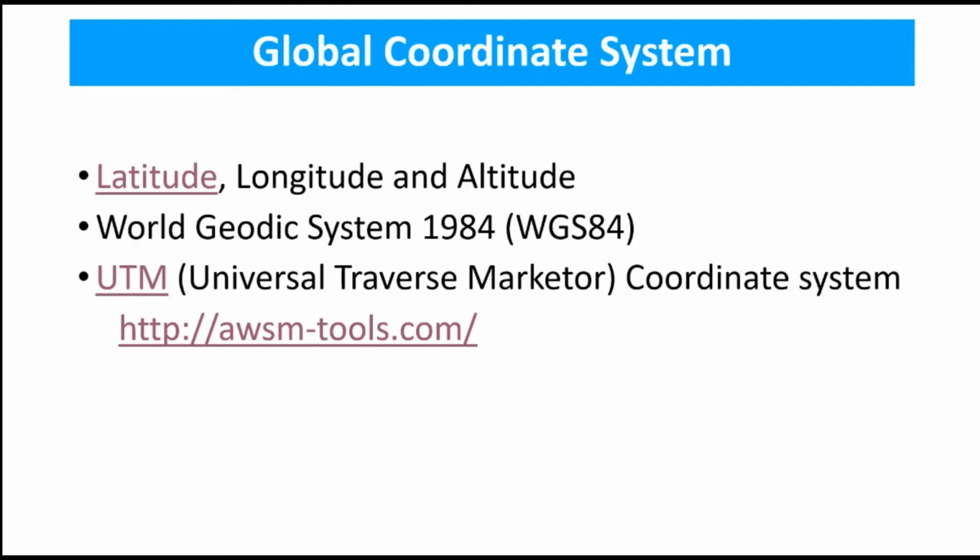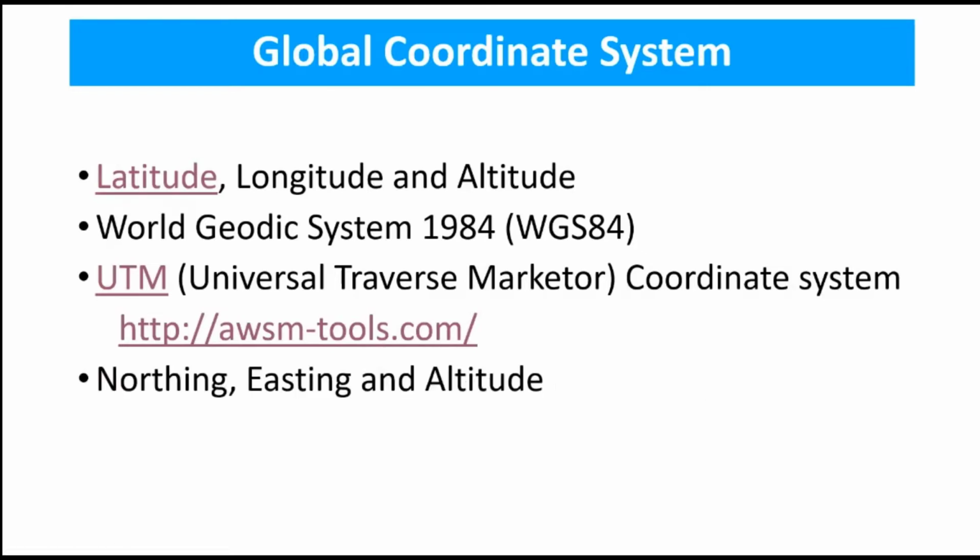Anyway, these tools can be used to convert one system to another, and there are other tools also available. As we have discussed, it has got northing, easting and altitude. The reference system, as we have discussed, is a GTS benchmark system.